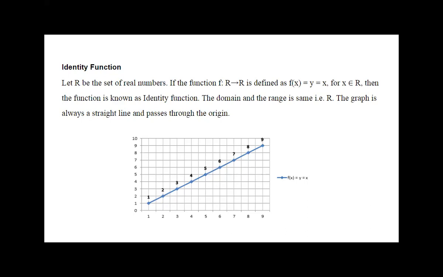Passes through the origin means what? As having value x, the same f of x value is there. Means if x value is 0, f of x will also have 0 value. So what it is saying is the graph will go in a straight line. Okay, it will be like a diagonal.